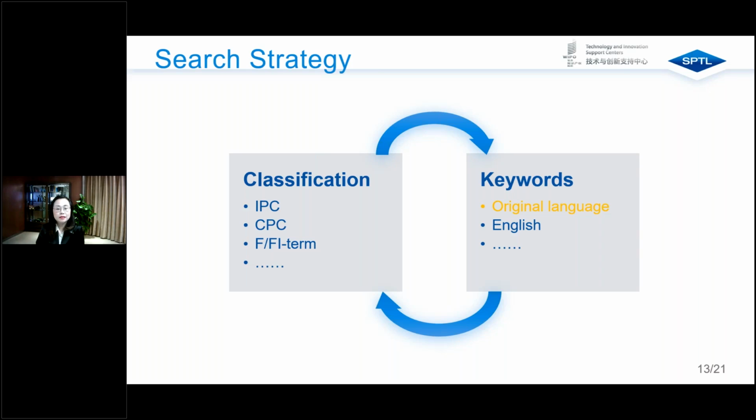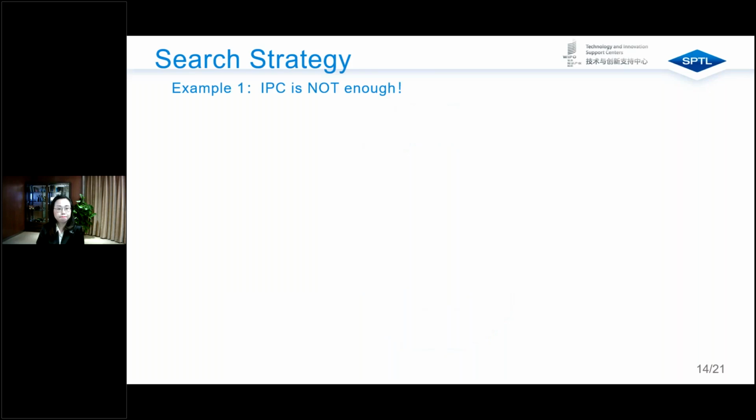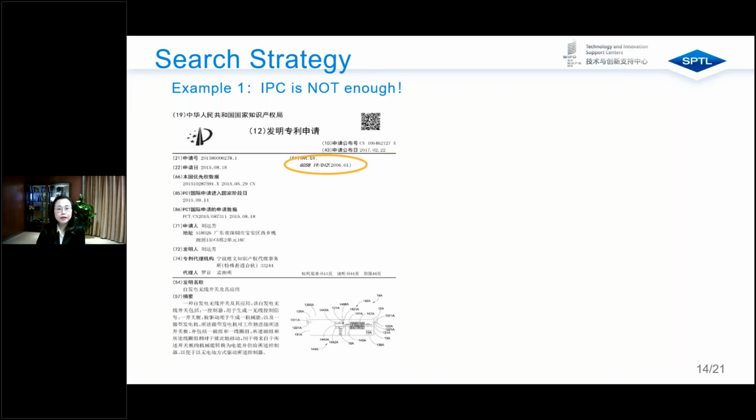Let us look at 4 small examples to show why using Chinese as keywords in FTO search for Chinese documents is so important. The first example is called "IPC is not enough." Let's look at the Chinese application.